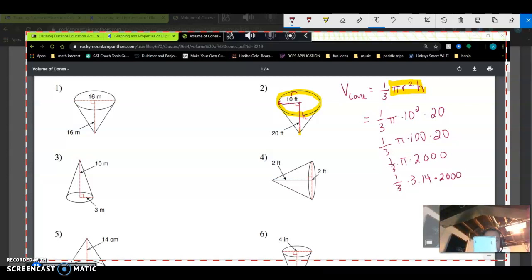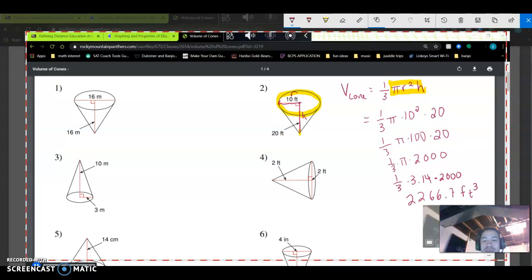I'm going to do that on my calculator now, and you're going to have to trust me on this because you can't see it: 2,266.7. Now we look at our units. Our units are feet, and just like last week, since we're talking volume, it's going to be feet cubed, or cubic feet.